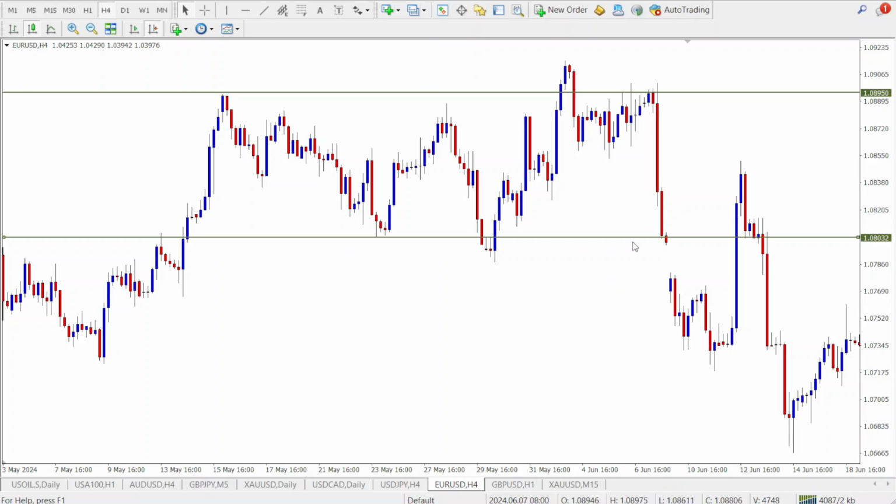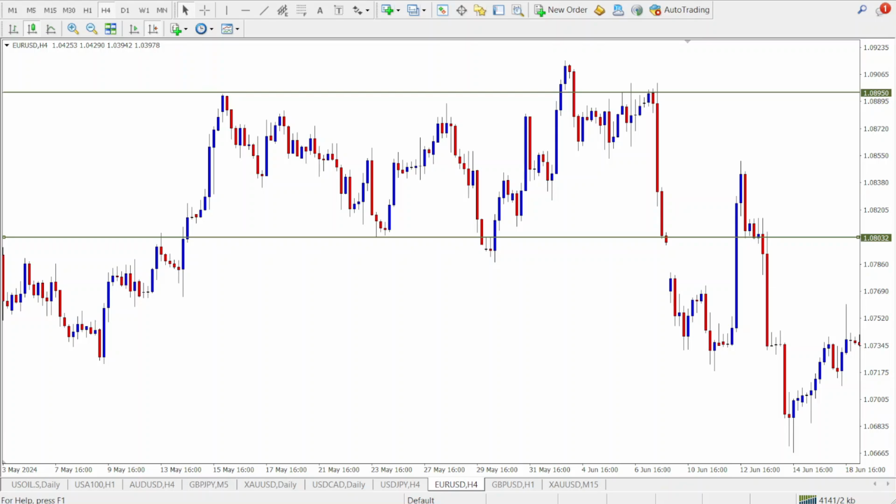These levels act as natural barriers where price reacts, and they help us find the best trade setups. Support is a price level where buyers step in, preventing the price from falling further, while resistance is a price level where sellers take control, stopping the price from rising higher.